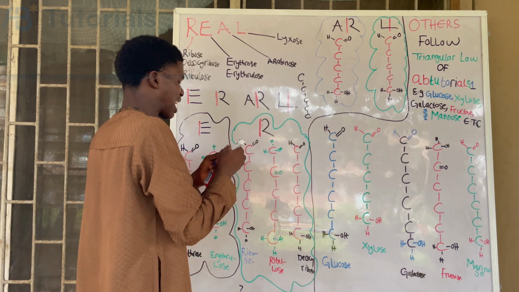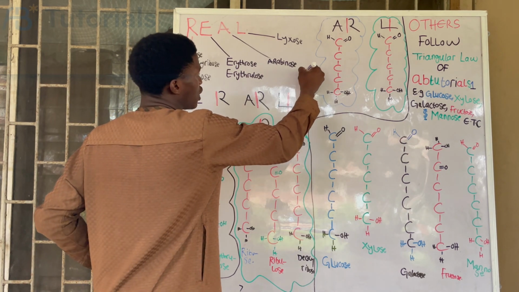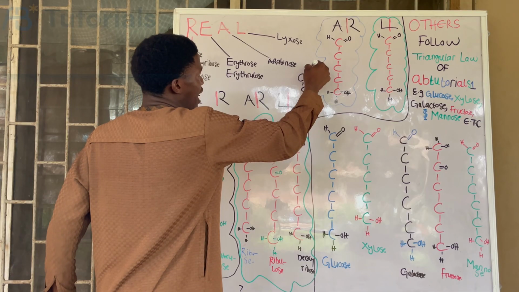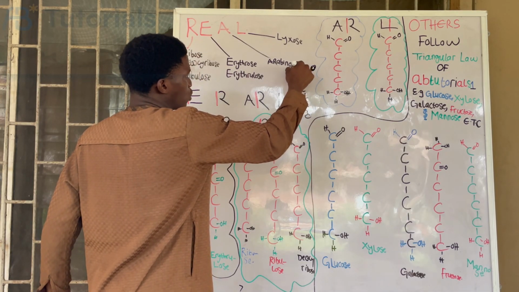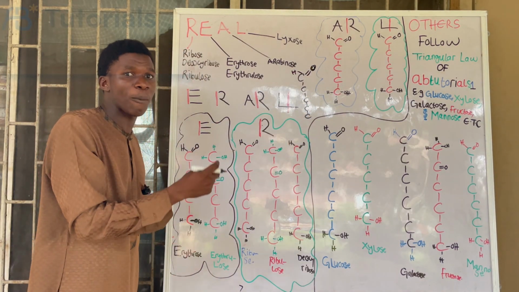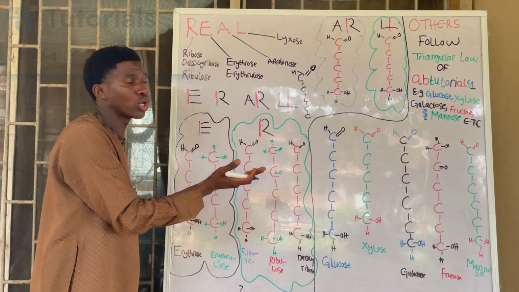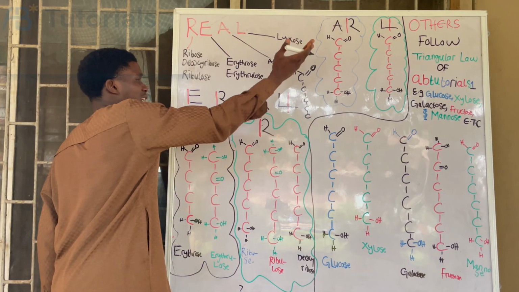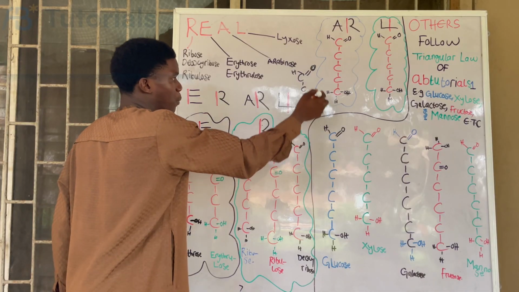Let's assume this is an aldose. The functional group will be at the end of the chain here, and hydrogen. And after putting your functional group, close your chain at the bottom and at the top. That is, put something at the bottom and put something at the top.